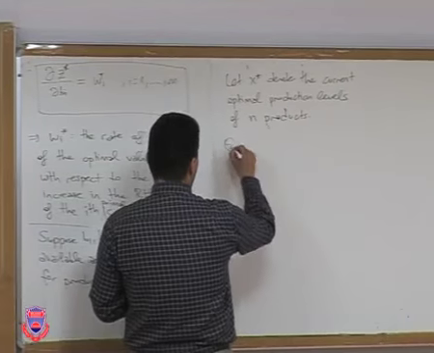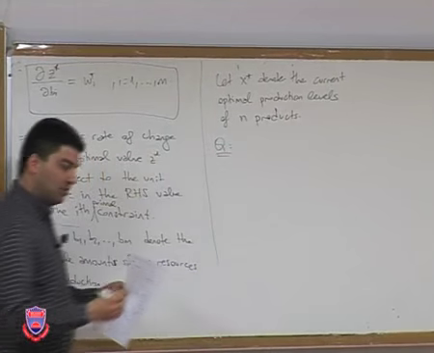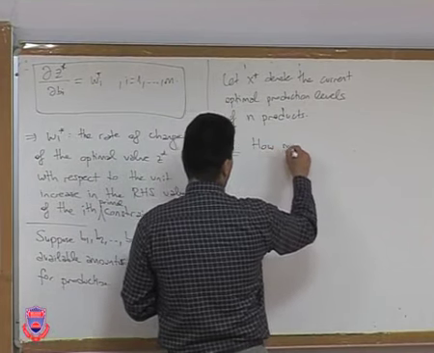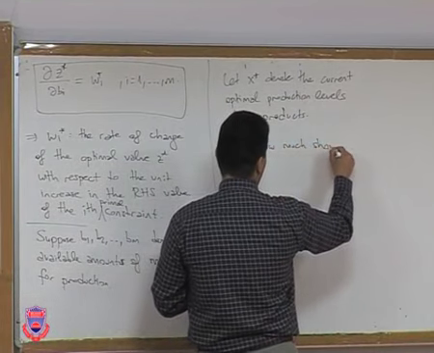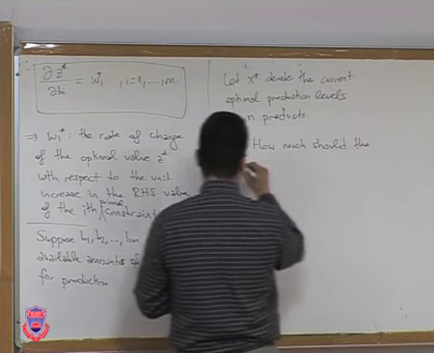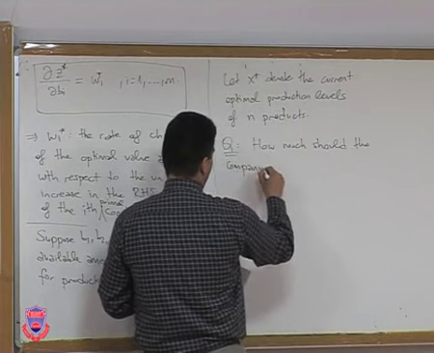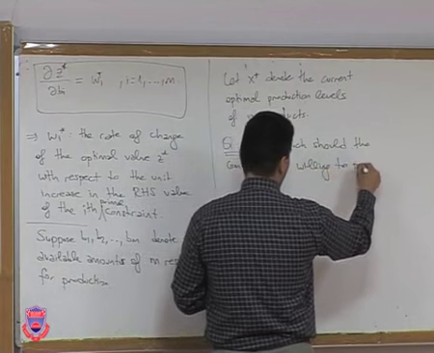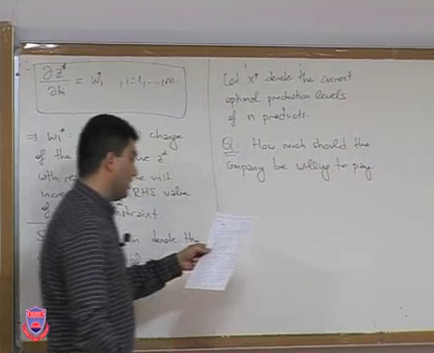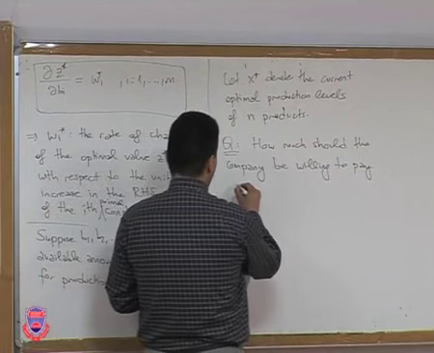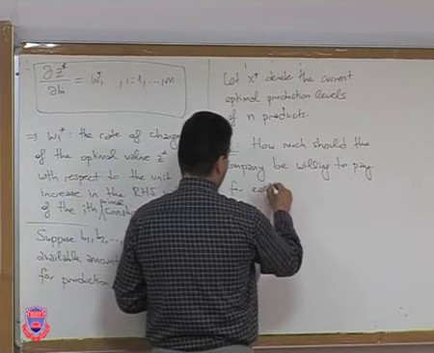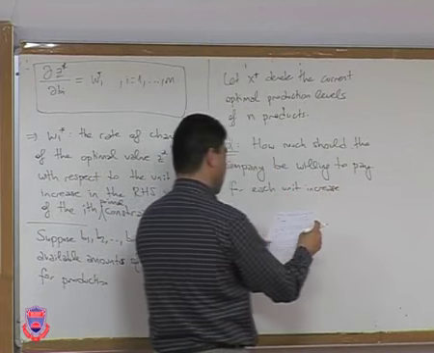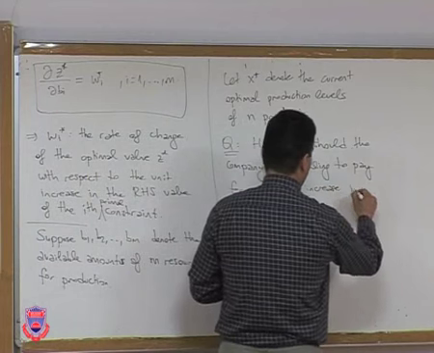And here comes my question. So I'm going to sort of change my question a little bit. So how much should the company be willing to pay for each unit increase in the amount of the ith resource?